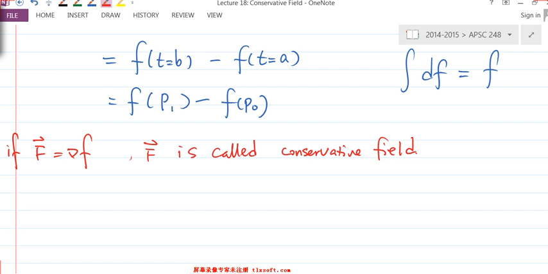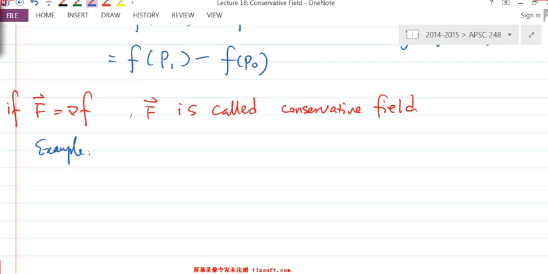I'll talk about this a little bit in more detail here. But let's look at an example of applying this fundamental theorem of calculus. So let's look at an example. Let's see, I have a vector field.